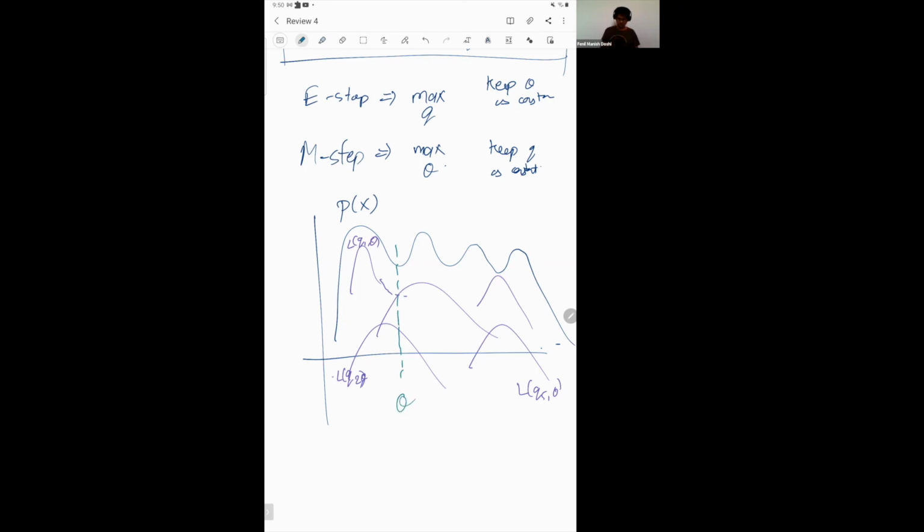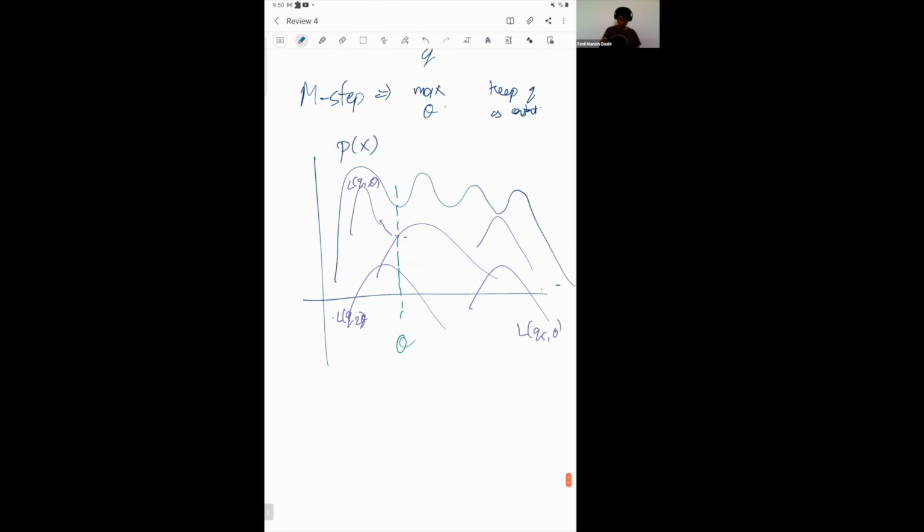If we keep this theta as constant, and now we'll have multiple distributions, we would choose the Q that would yield us the maximum value of P of x. Sorry, so these are different. Each of the lower bounds will have some value, and we would choose the Q that would give maximum value at this theta.